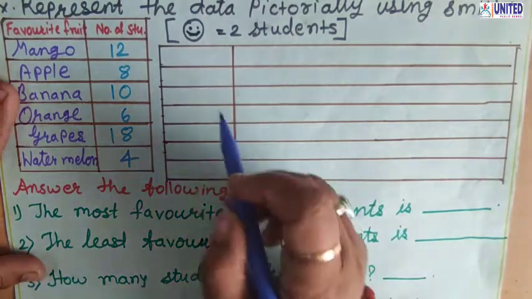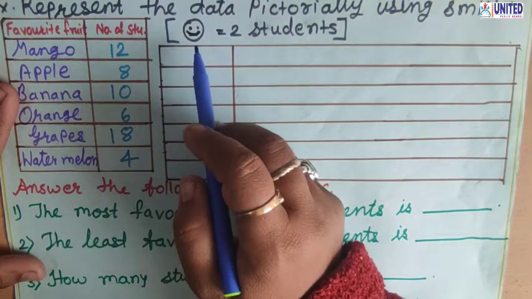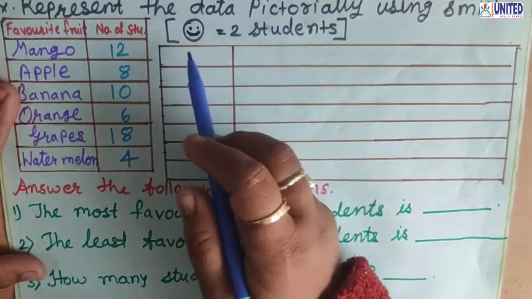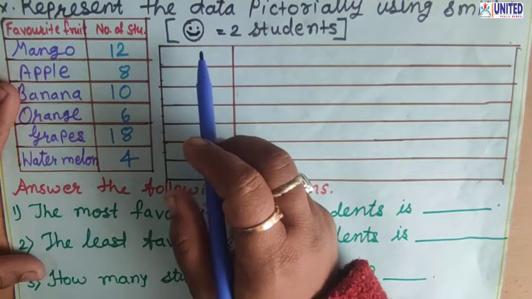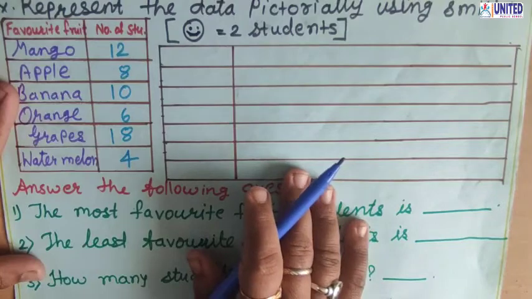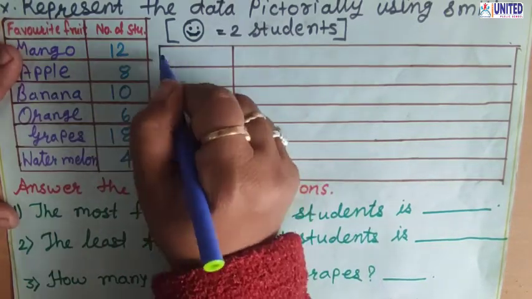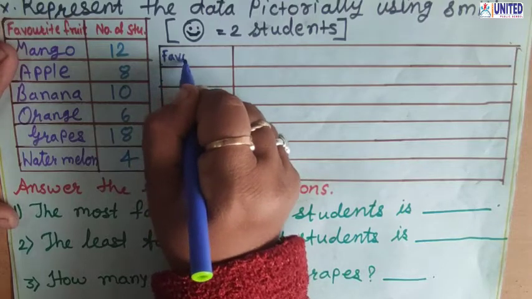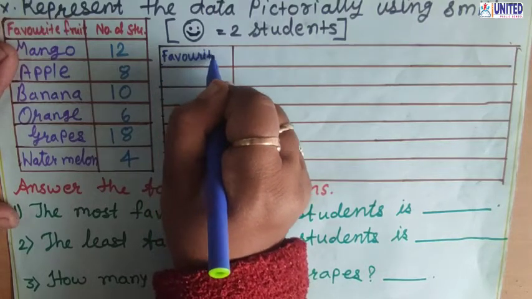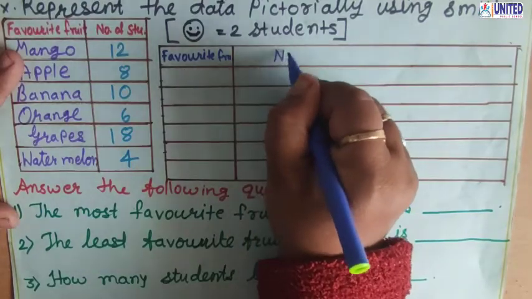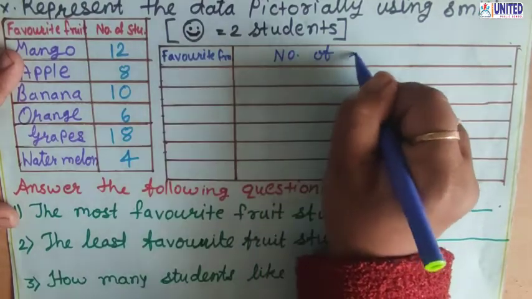Okay students, what is given here? 2 students is equal to 1 smiley. So for 2 students you have to draw 1 smiley. I can draw here the table of the pictograph. First of all, you have to write here favorite fruit, and it is the column of number of students.